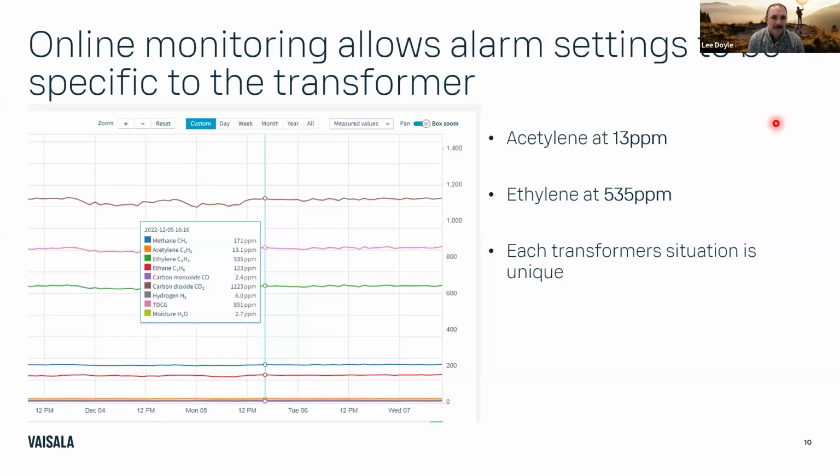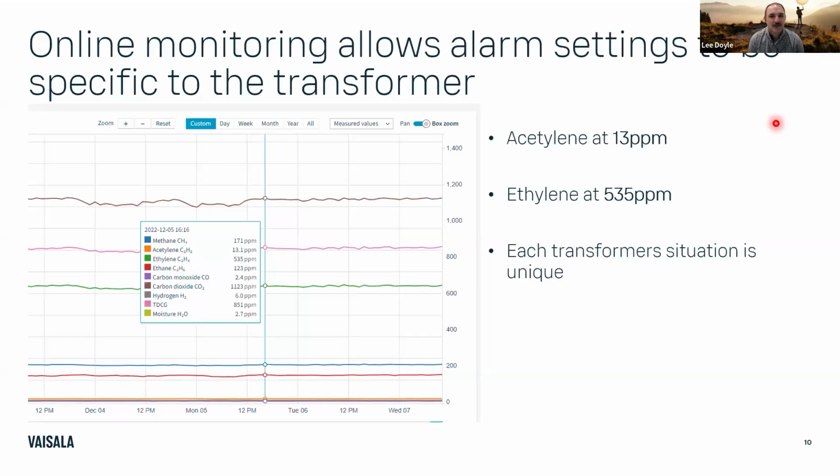But as we can see in this example of a transformer that we've looked at in the past, there was some event. It has very high levels of acetylene, very high levels of ethylene. Either one of these on its own, according to the standards, we should alarm on and maybe look at this transformer.